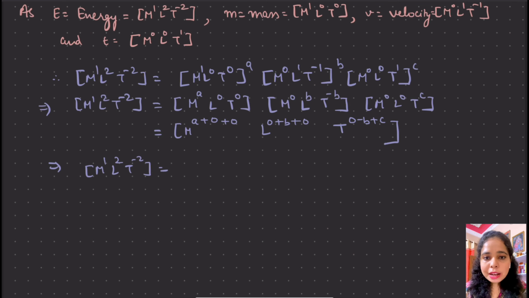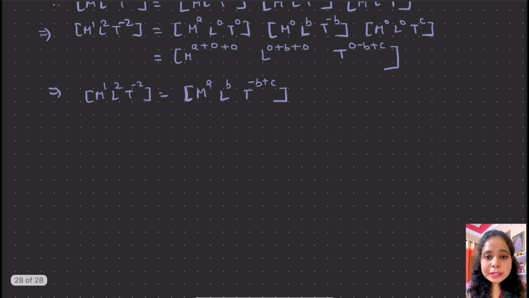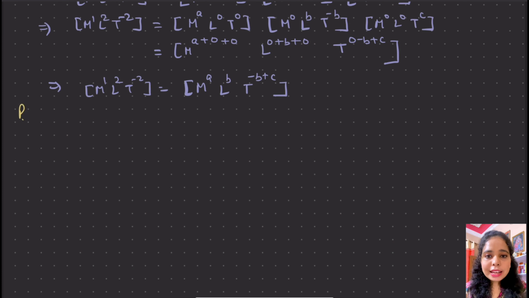Therefore, rewriting the above equation, we can write it as M1 L2 T minus 2 is equal to M raised to power a, L raised to power b, T raised to power minus b plus c. Now we are already aware of the principle of homogeneity, that is, the powers on both sides of a physical relation or a dimensional relation are the same.